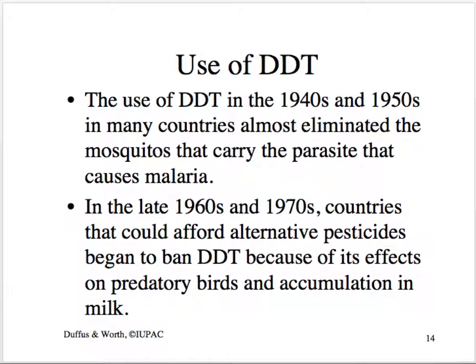In the 40s and 50s, many countries almost eliminated the mosquitoes that carry the parasite that causes malaria. And this is what you would be talking about to assess some of the usefulness of pesticides. In the late 1960s and 70s, countries that could afford alternative pesticides began to ban DDT because of its effects on predatory birds and accumulation in milk.